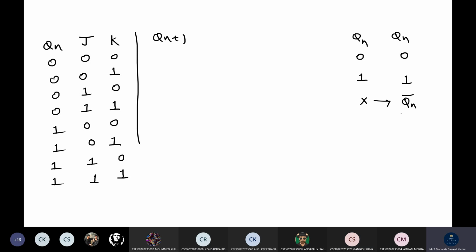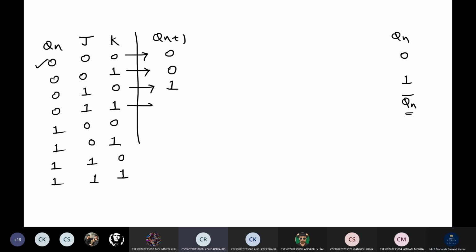So now to overcome this one, we have given some feedback. So we are getting Qn bar. Now tell me, how will you write? What is the answer? 0. Qn value is 0. Okay, correct. Next, 0, 1. 1. This is Qn bar. 1. Okay.